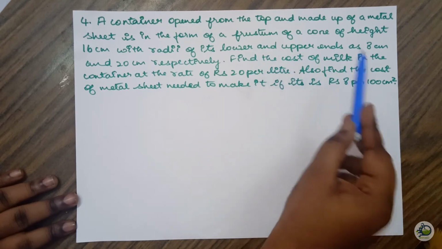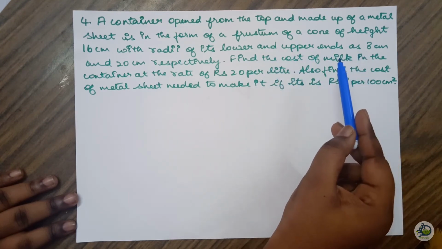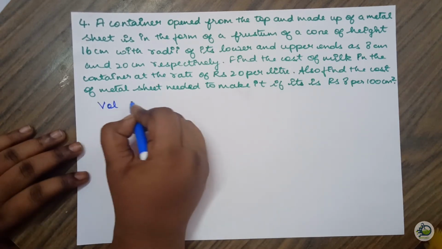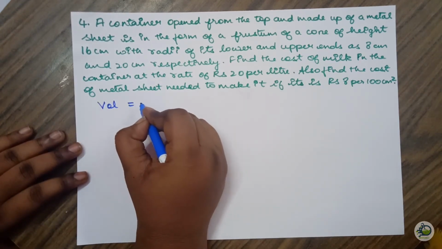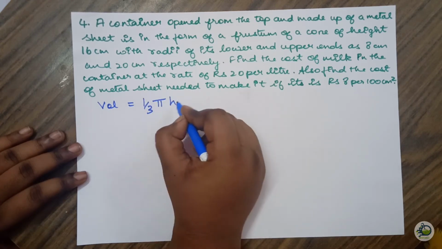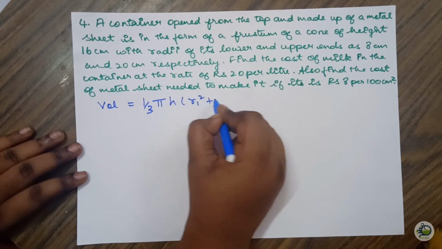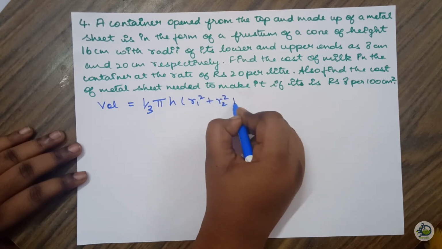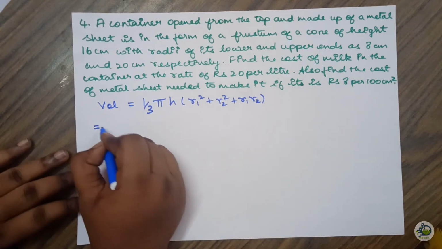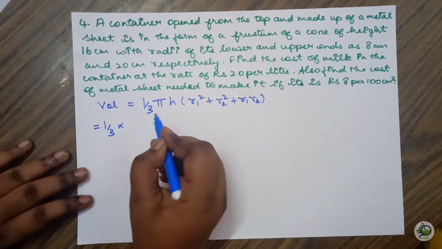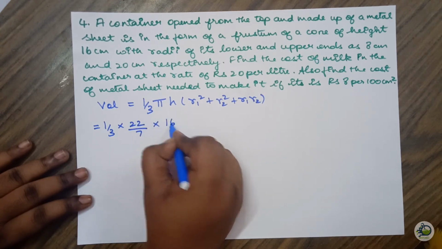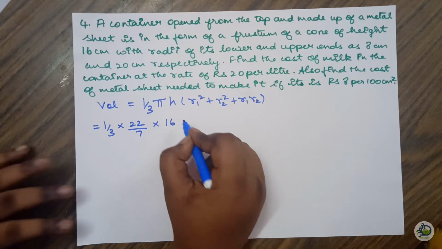So first, to find the cost of the milk in the container, we have to find the volume of the frustum. The volume of the frustum formula is 1 by 3 pi into h into (r1 square plus r2 square plus r1 into r2). So here I can substitute 1 by 3 into pi as 22 by 7 into height 16.